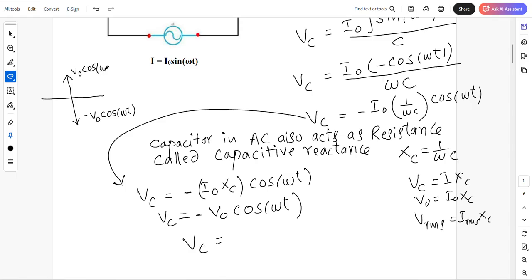For example, to make you understand, here V naught sin of omega t will come, and here minus V naught sin of omega t. Clear?